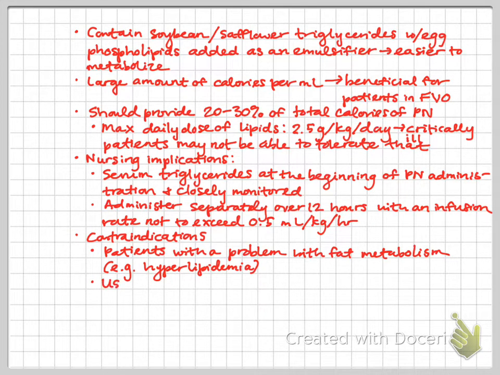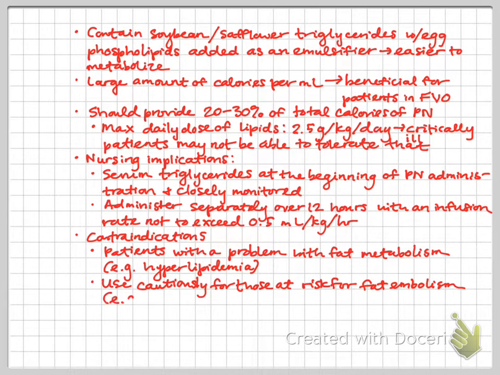So you need to use TPN or PPN cautiously for those at risk for a fat embolism, for example, femur fracture.